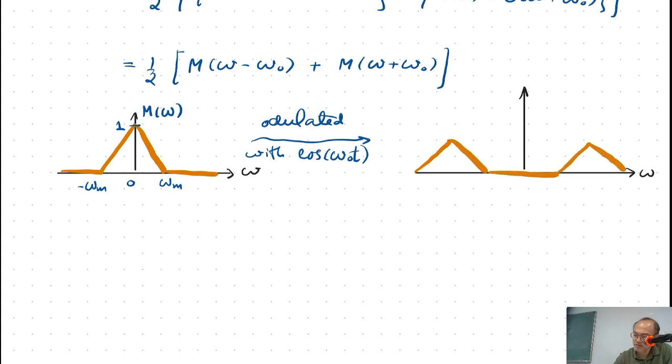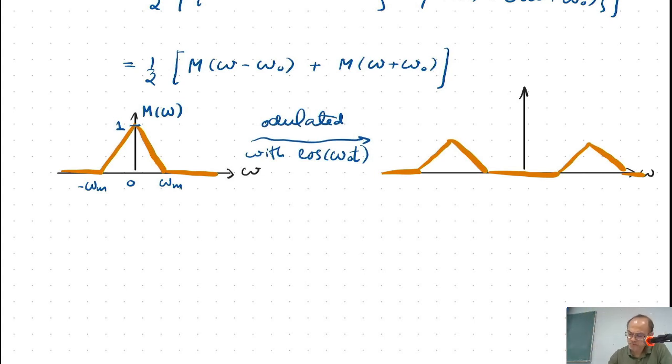Here, see, this one is this guy shifted to the left, and this one is this guy shifted to the right. But then we have to make it half the height, and then shift it to the right and to the left.